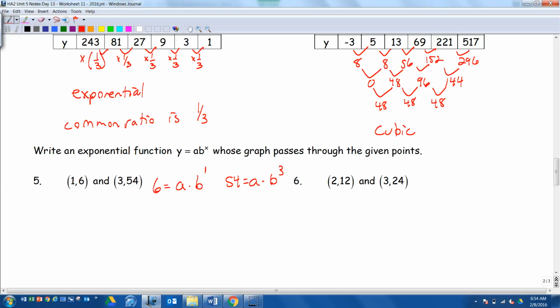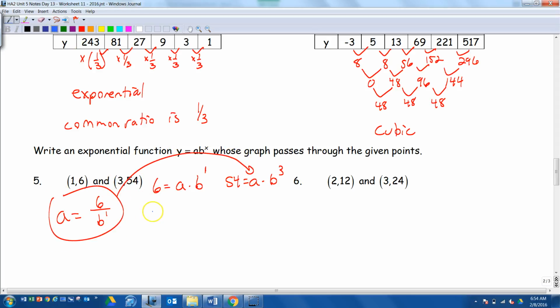Okay? It's really easy to solve for a here on this one by dividing by b to the first. So I could say that a is equal to 6 divided by b to the first. Then I can take this and sub it into this second equation over here.